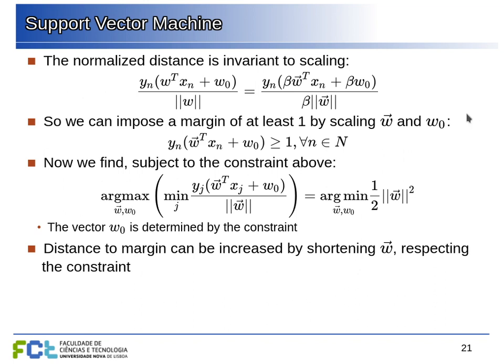So let's impose a constraint such that we want all the points to have this expression at least 1. It means that the signed distance between the point and the discriminant is always at least 1 unit. And this is not the normalized one, so this is only the part here on top.